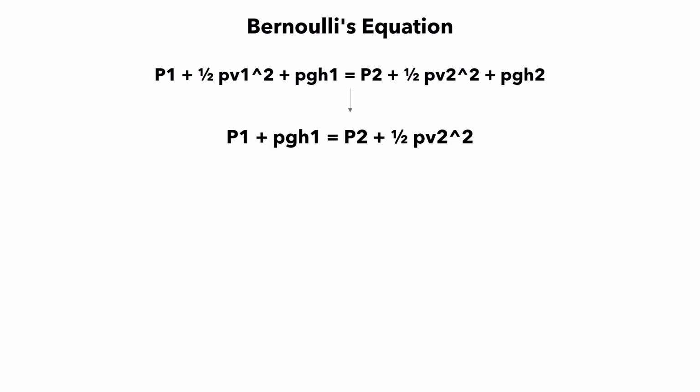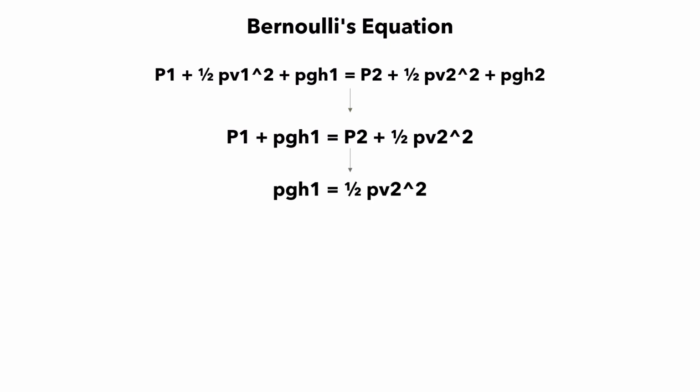So since the velocity at point 1 and the height at point 2 are both 0, we can get rid of the 1/2 times ρV1 squared, and we can also get rid of the ρgh2 because they'll just equal 0, which will leave us with P1 plus ρgh1 equals P2 plus 1/2 ρV2 squared.